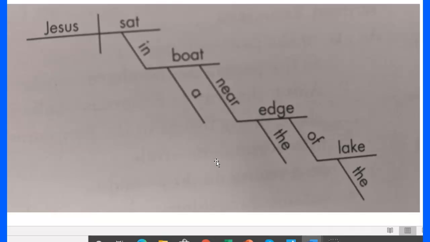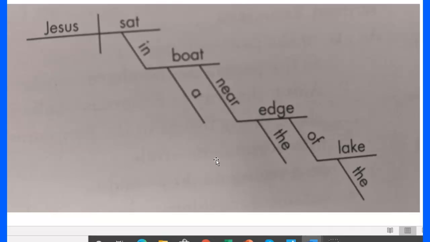Nehemiah prayed to the God of heaven, and we could also say Nehemiah prayed for wisdom. Number 3, the king sent him to Jerusalem. And to Jerusalem is telling where, and so it is going to be modifying sent, which is the verb.